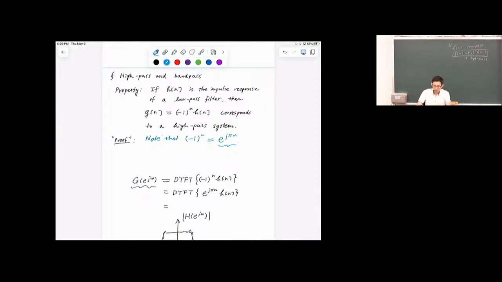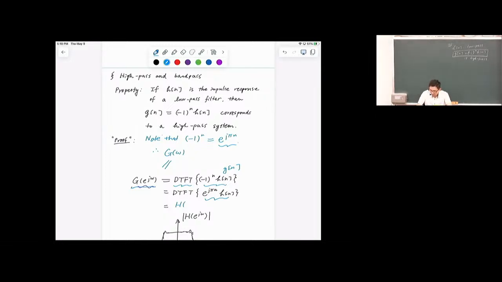So therefore g of omega, this is sloppy notation, but actually we are going to say G of e to the j omega, which is the DTFT of g of n, will be equal to H of omega shifted to the right by pi.